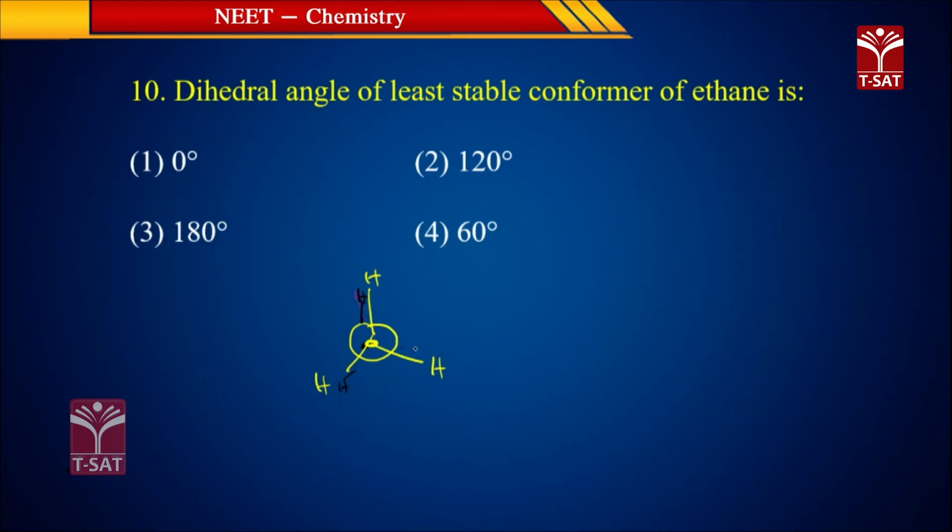Hydrogen exactly behind hydrogen. The dihedral angle between the hydrogens of the two carbons here will be 0 degrees. It is eclipsed, one on the other. So the correct option: least stable conformation is eclipsed, so the angle is 0 degrees.